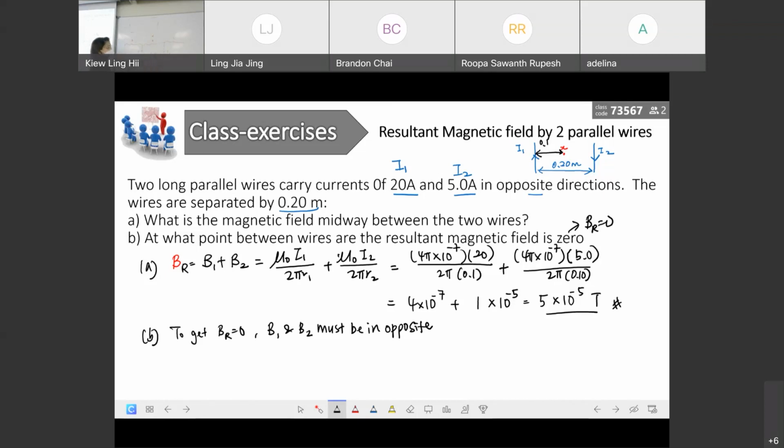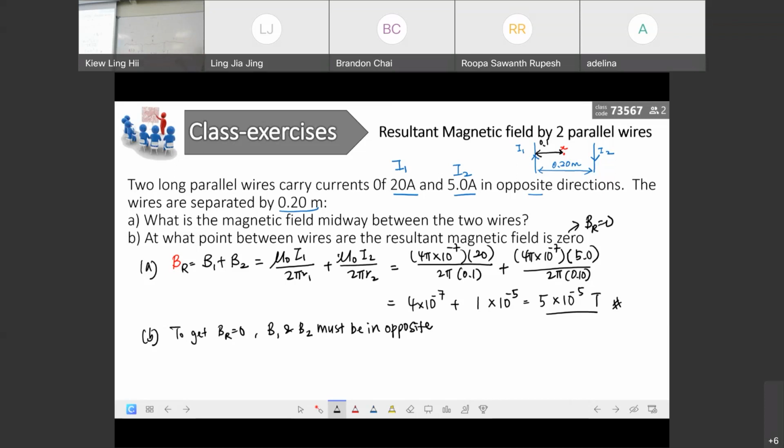So either A or C. Let's check at region A, B1 is coming out from the screen. B2, thumb goes down, is going into the screen.